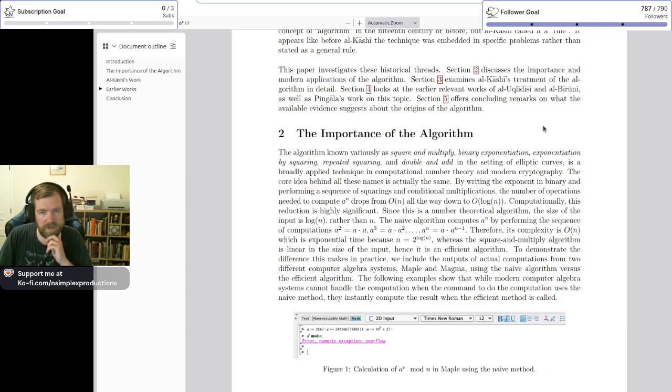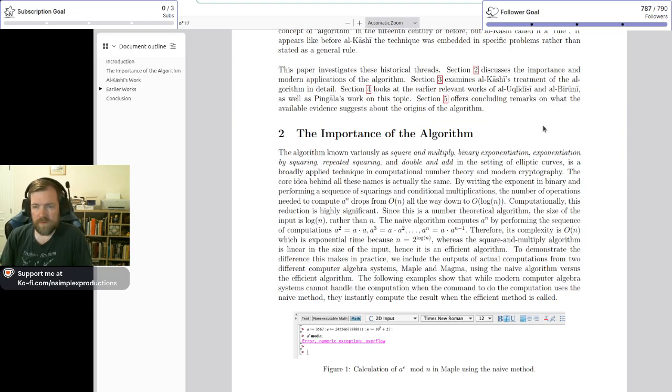Section 2. The algorithm, known variously as square and multiply, binary exponentiation, exponentiation by squaring, repeated squaring, and double and add in the setting of elliptic curves, is a broadly applied technique in computational number theory and modern cryptography. The core idea behind all these names is really the same.